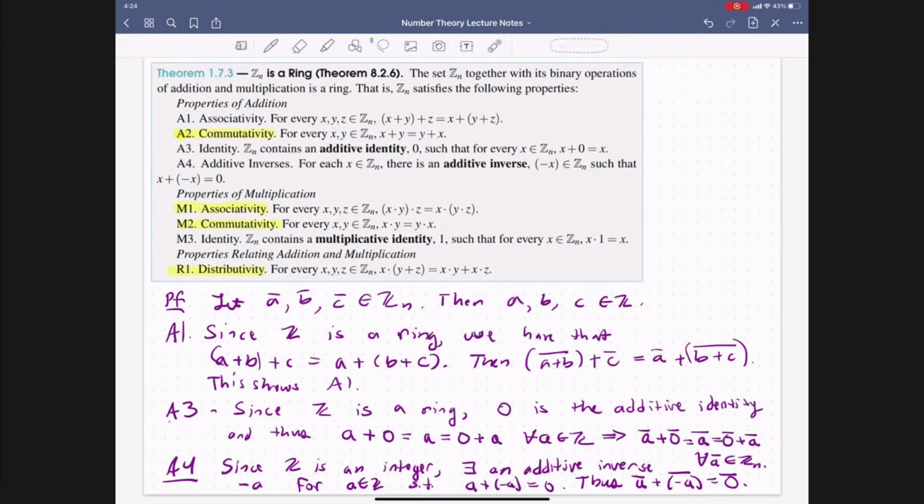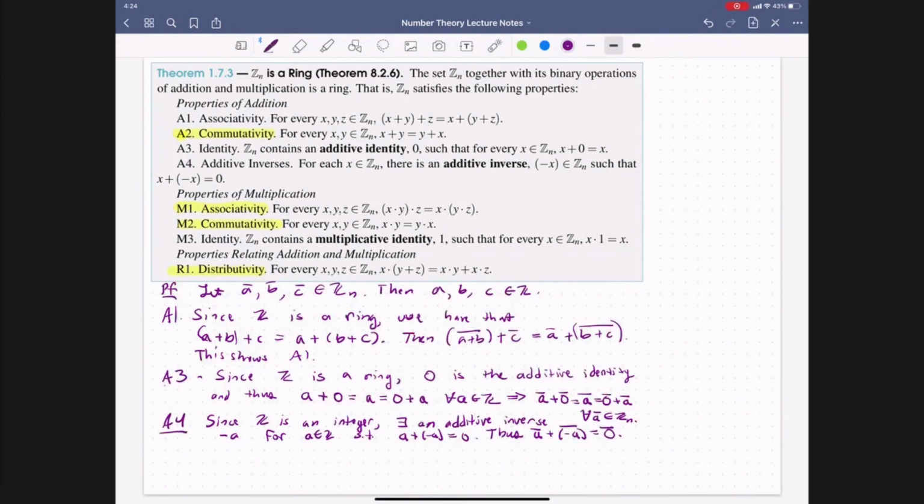So I'm going to shrink this. Next we're going to do the multiplicative identity. In the same manner, we rely on the fact that 1 is a multiplicative identity for the integers.